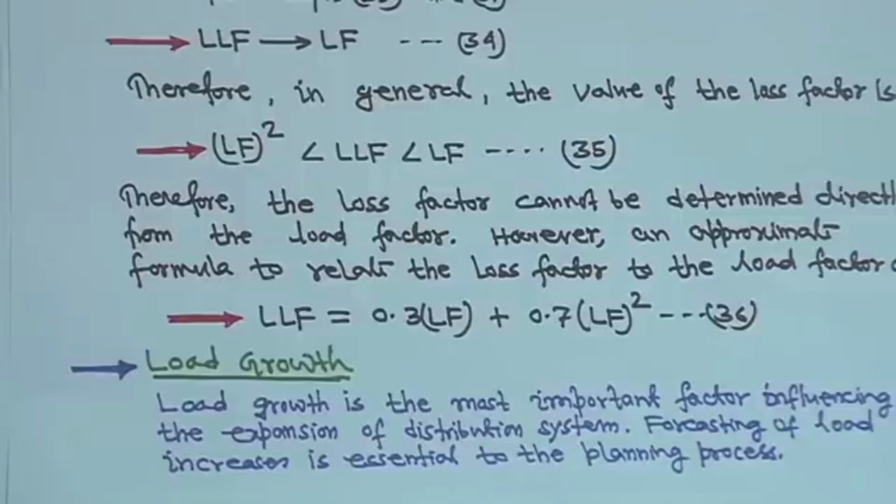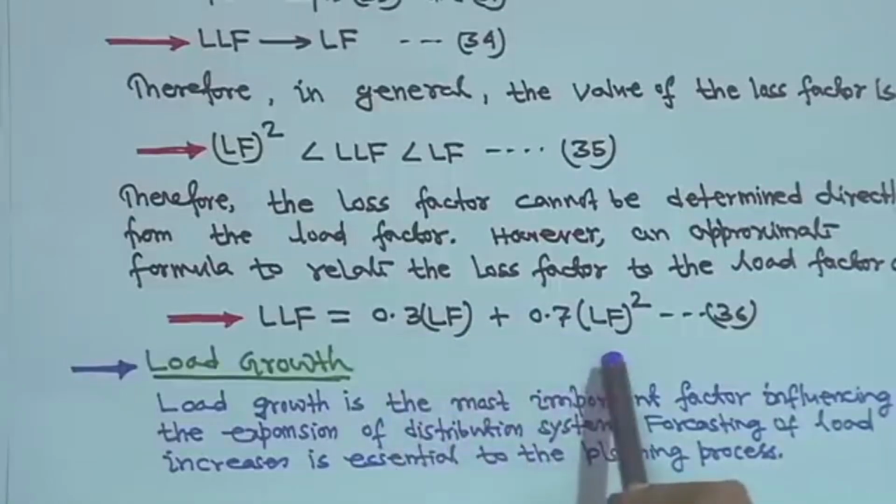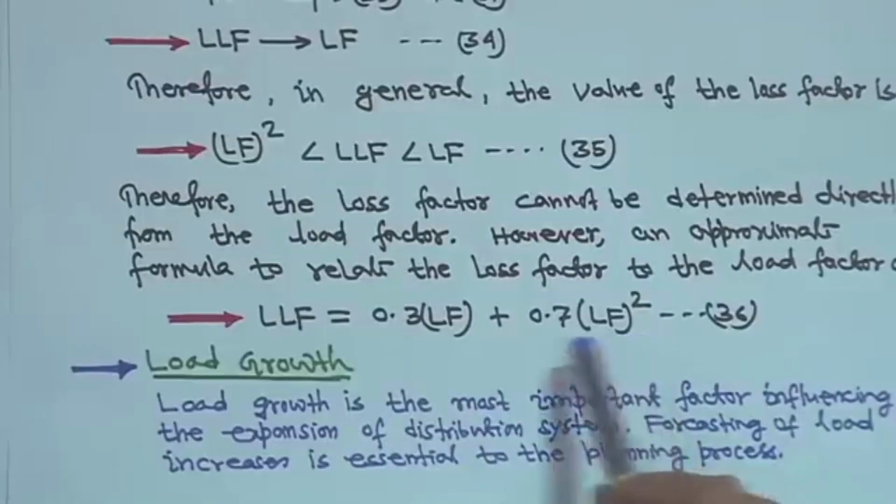These are general things I am telling at the beginning. After that we will see something different, but one should be familiar with all the terminology, loss factor, load factor, everything. But for rural feeder or rural load, instead of 0.3 they take 0.2, and it is 0.8. Some other relationships also come, because loss factor or load factor depends on the load growth also, which I will not discuss here.